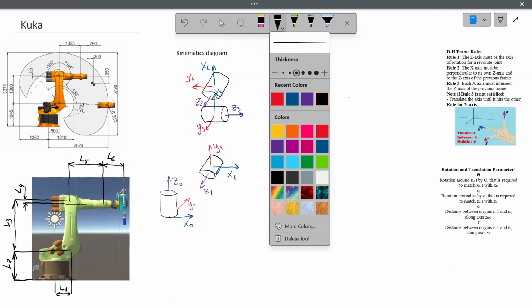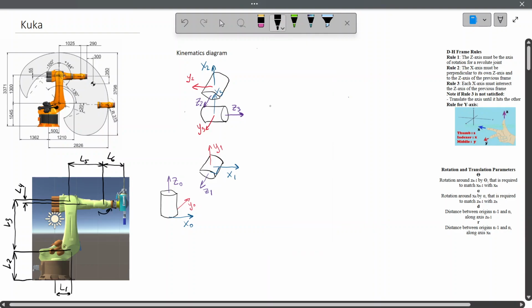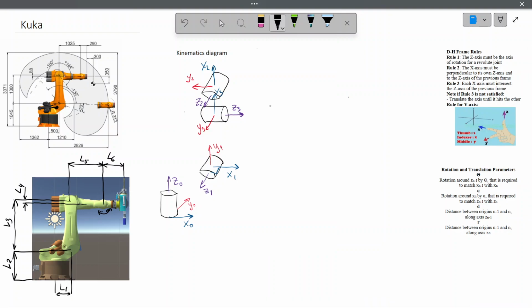So next is this joint, so it's rotated this way, similar to these two. It doesn't have an offset with it, so it's the same line here.